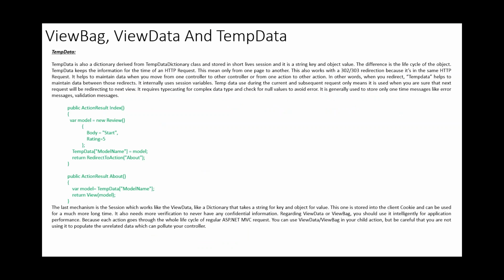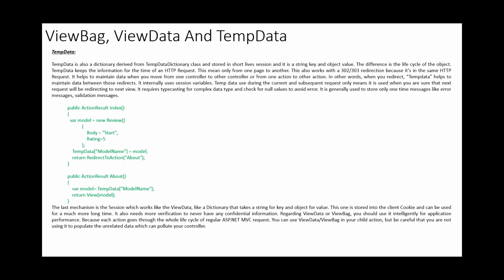In the view, you need not cast the value of that ViewBag property. Whereas ViewData is a key value pair, and you can assign any type of data to it, but in the view you have to convert it to the data type of the object you assigned in the controller. Both have the scope between that controller action method and its respective view. Apart from that, you cannot access them.